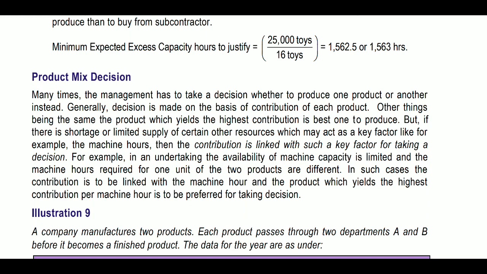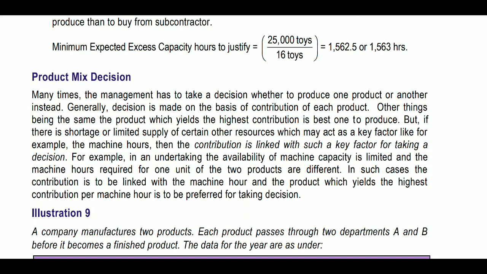But there are key factors, for example machine hours, to which contribution is linked when taking the decision. For example, in an undertaking the availability of machine capacity is limited. If machine capacity is limited and the machine hours required for one unit of the two products are different, then contribution is to be linked with machine hours.